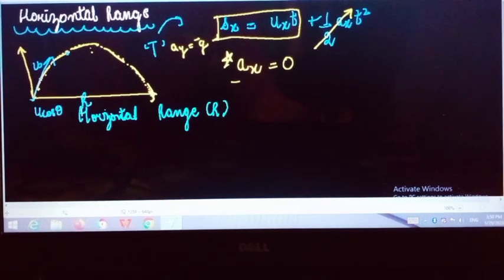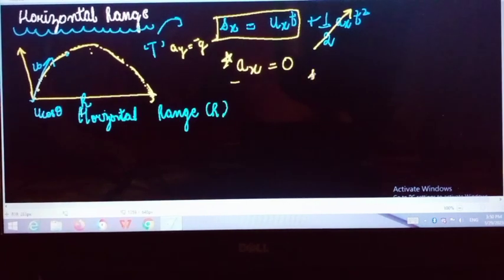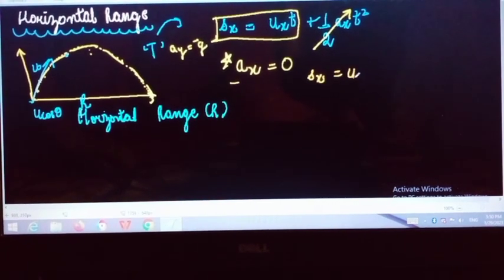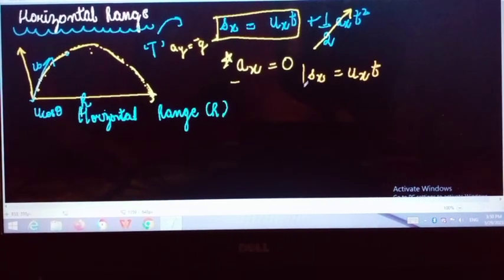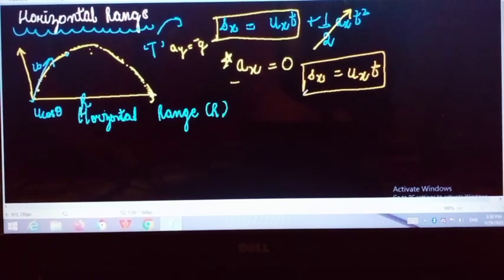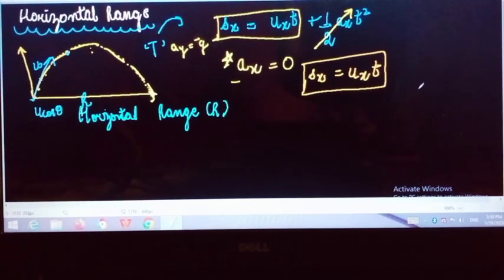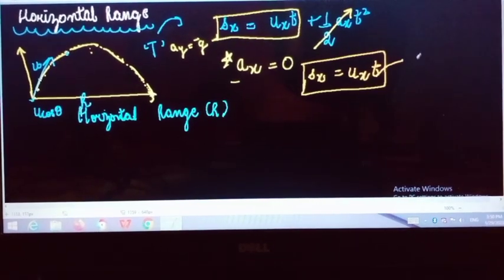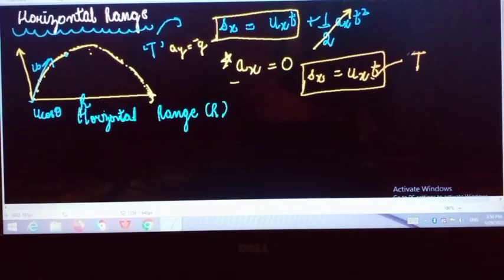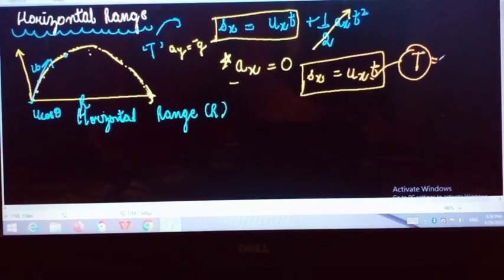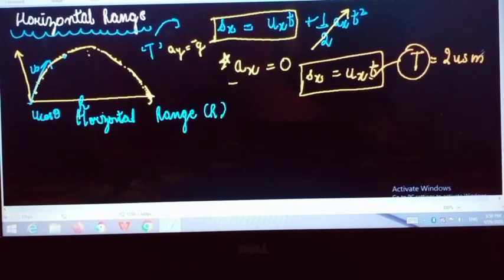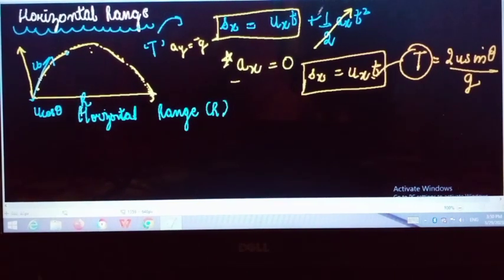Again, sx is equal to ux t. Now let's substitute for the components of the x-axis. Here we can write capital T as t. This T is capital T, which is 2u sine theta upon g. Let's substitute the whole values.